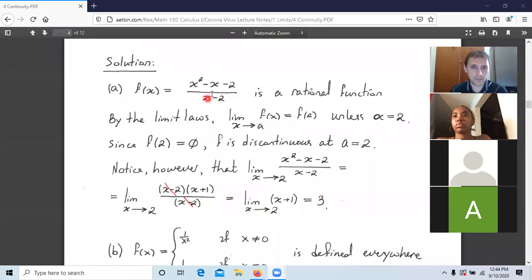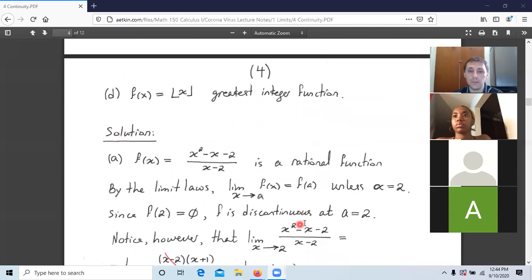By the way, because it's a rational function, the limit as x goes to any value a will be f of a as long as a is not 2, because I can apply the limit laws for product, sum, and division. The limit of a quotient is the quotient of the limits, and both numerator and denominator always exist at any a. I just need to plug it in. And the only time the quotient law fails to work is when I divide by 0. So the limit is 3.